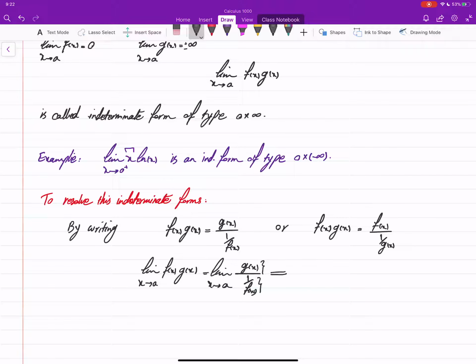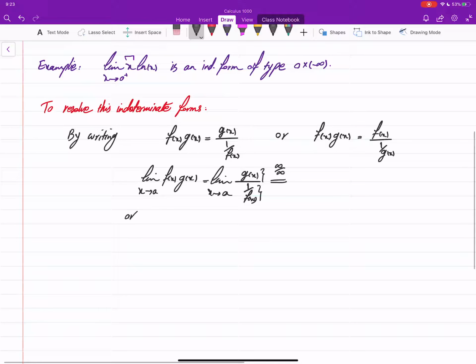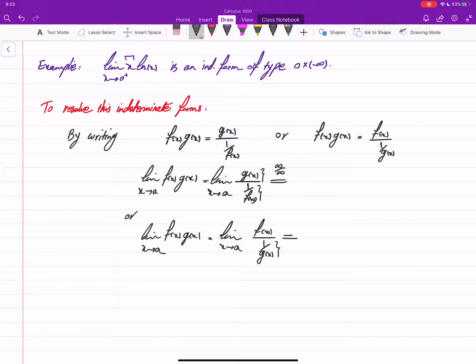So you will get infinity over infinity. Or if you use the other one, limit of f of x over 1 over g of x, g of x goes to infinity as x goes to a, 1 over infinity is 0. So this will be 0 over 0.